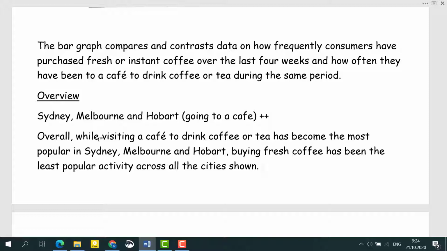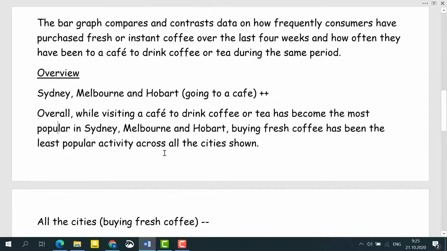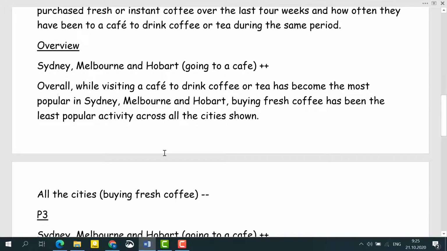Okay, so in order to write our overview, always focus on the word overall, okay, or as can be seen, for example. Okay, and here I'm trying to contrast to show the largest difference between the highest figures and the lowest figures.